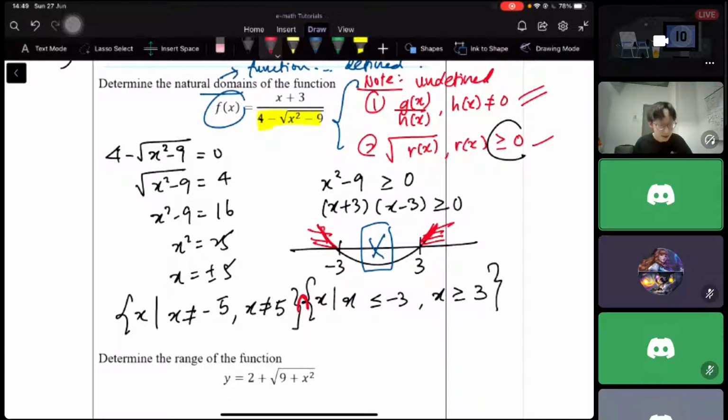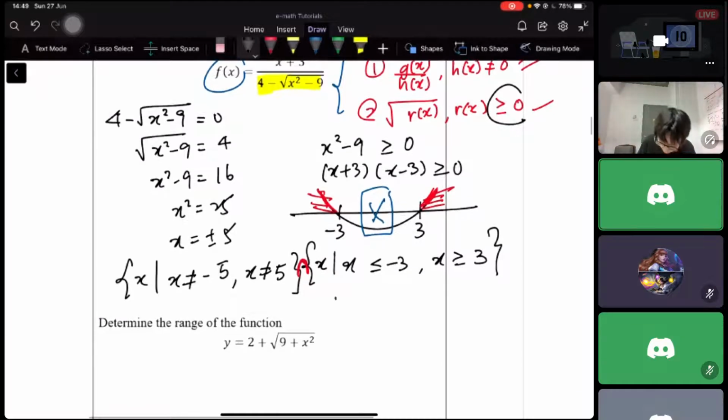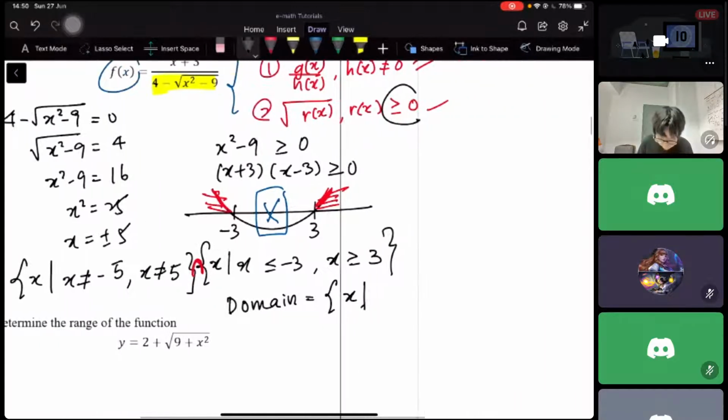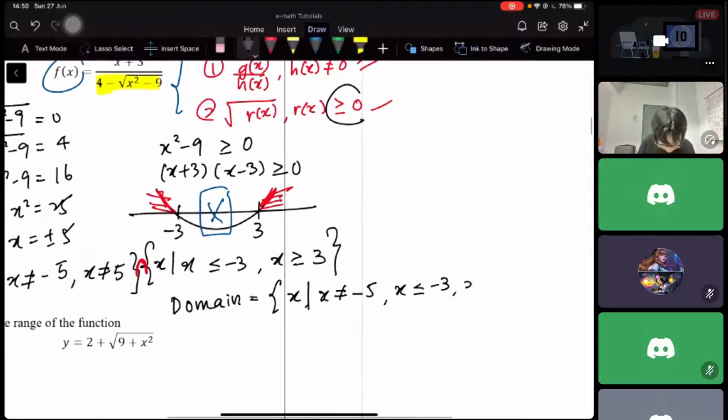So my domain is the intersection between these two sets of value. So at the end of the day, what you will write is the domain is all the x given x not equals to negative 5, x smaller equals to negative 3, then x greater or equals to 3, x not equals to 5.